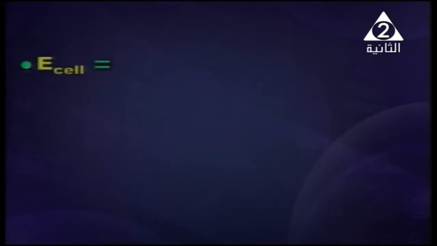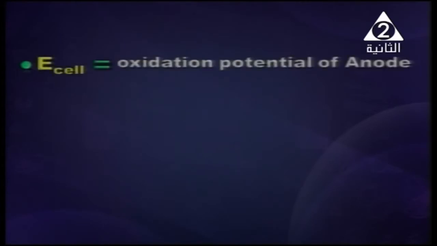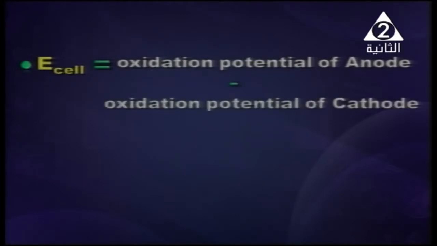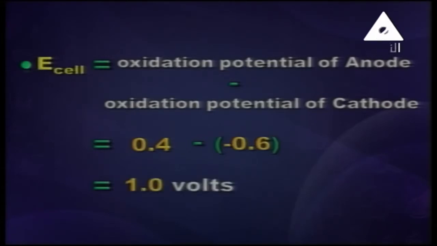E cell equals oxidation potential of anode minus oxidation potential of cathode, equals 0.4 minus negative 0.6. This equals 1 volt.